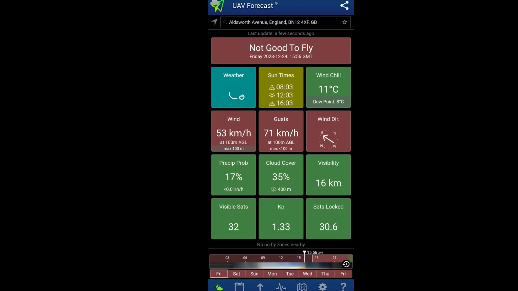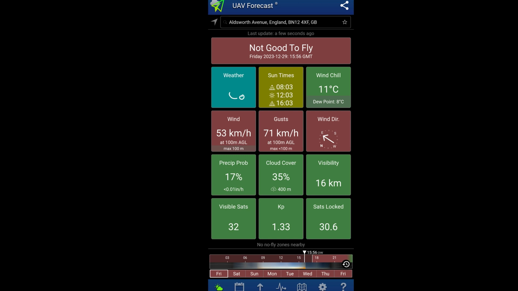The thing to remember is that if the wind is greater than the drone's actual maximum speed, which is about 60 kilometers an hour for a Mini 3 Pro in sports mode, what happens is the drone will make a loud hum that it does when it's in sports mode, and it will basically drift sideways or backwards depending on the direction the drone's facing.